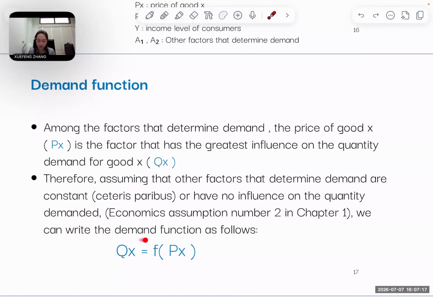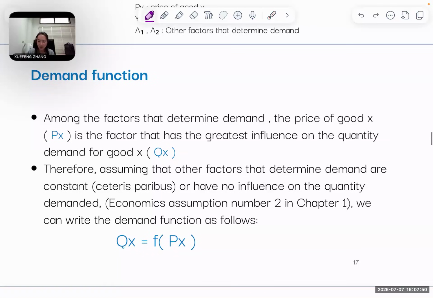We can write the demand function as follows. So that gives us quantity of X is determined by the price of X itself. This is the simplified demand function we actually work with. Quantity demanded is a function of price alone, holding everything else fixed. This is exactly what lets us draw a clean, simple demand curve.